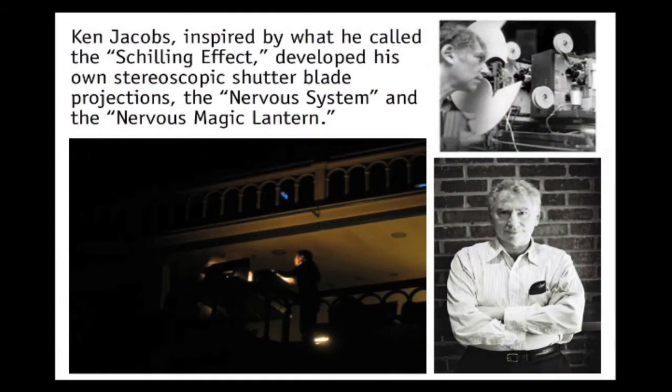What is interesting is that Ken Jacobs, who is a well-known experimental filmmaker, started in the 60s and is still active, has been performing a lot in recent years with systems that he calls Ken Jacobs' nervous system or the nervous magic lantern, that basically use this idea about rotating shutters to create and manipulate either moving images in 3D or stereoscopic slides.